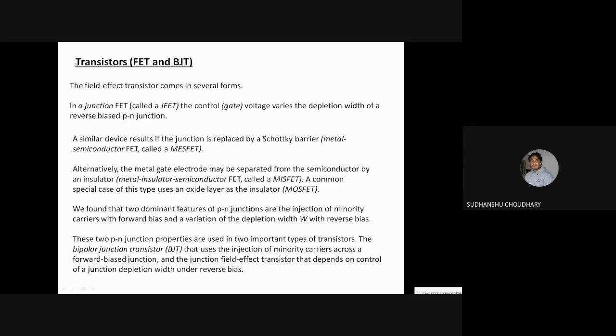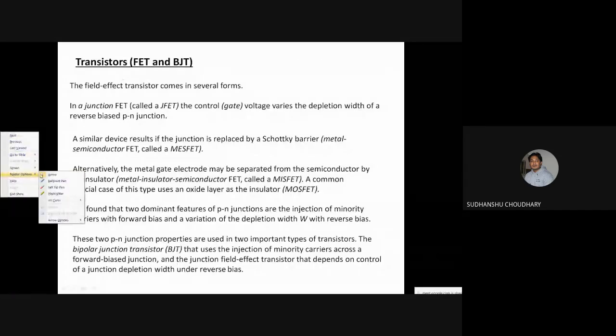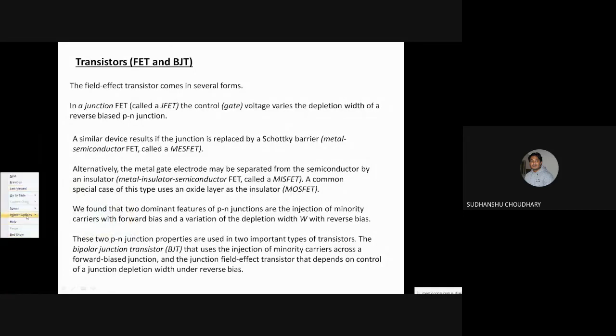In fact, there are two types of transistors. One type is called bipolar junction transistor, BJT, and the other type is field effect transistors, or FET. Now this field effect transistor comes in several forms.